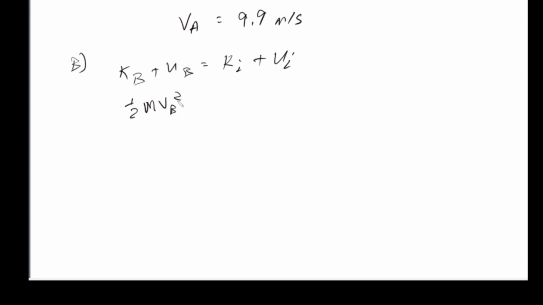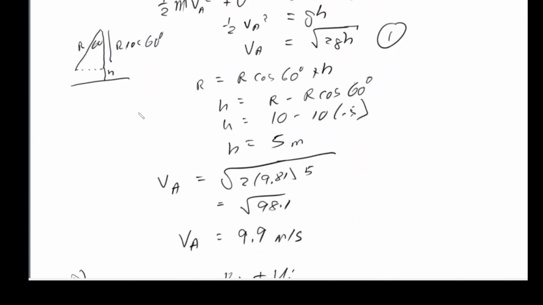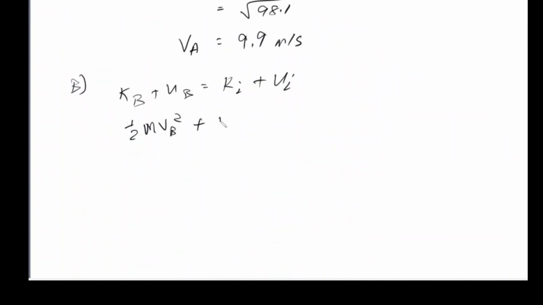mVB squared plus, now in this case, we do have a potential energy because B is at a height above x equals 0. We'll call that H prime. So the potential energy at B is mgH prime is equal to 0 plus mgh.